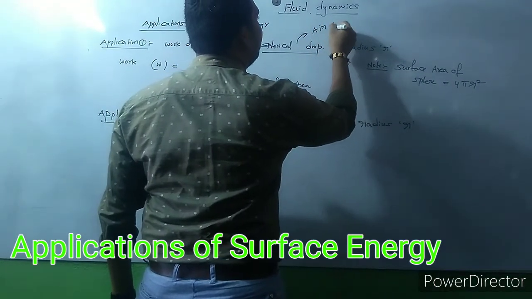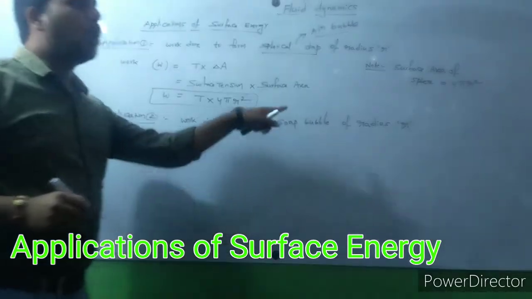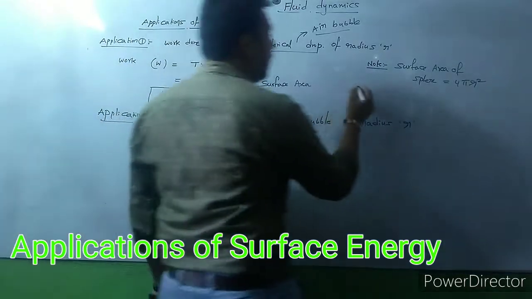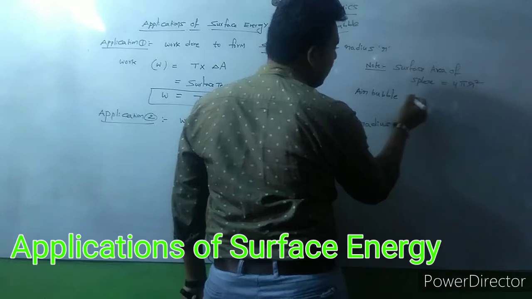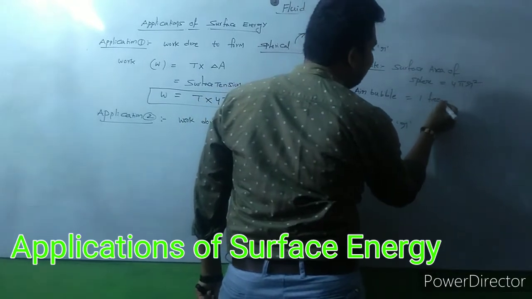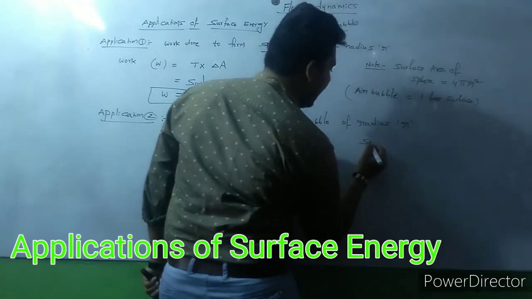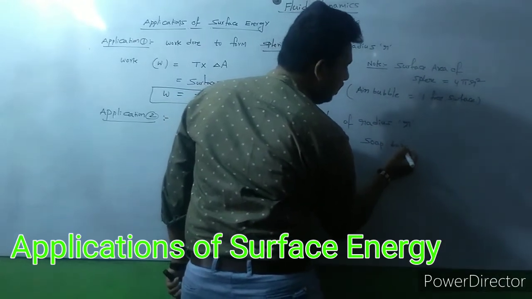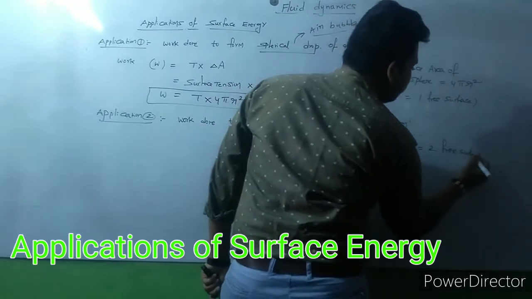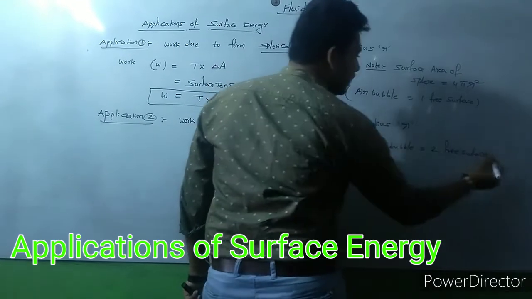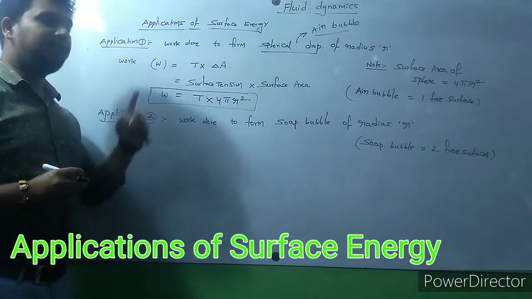This is an air bubble. Here it is a soap bubble. An air bubble has one free surface. A soap bubble has two free surfaces. Soap bubble has two free surfaces. Air bubble has one free surface.